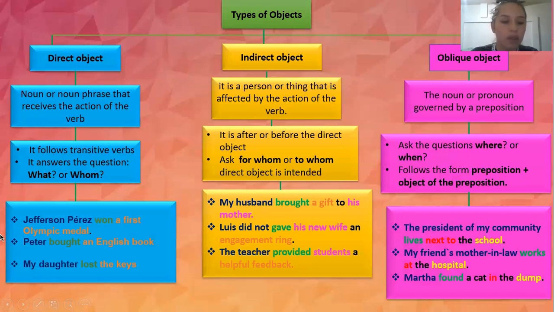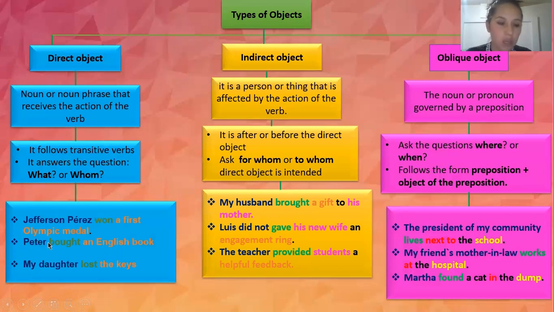Now, the verb won is the action being performed by the subject. And the first Olympic medal is the direct object that receives the action of the verb.